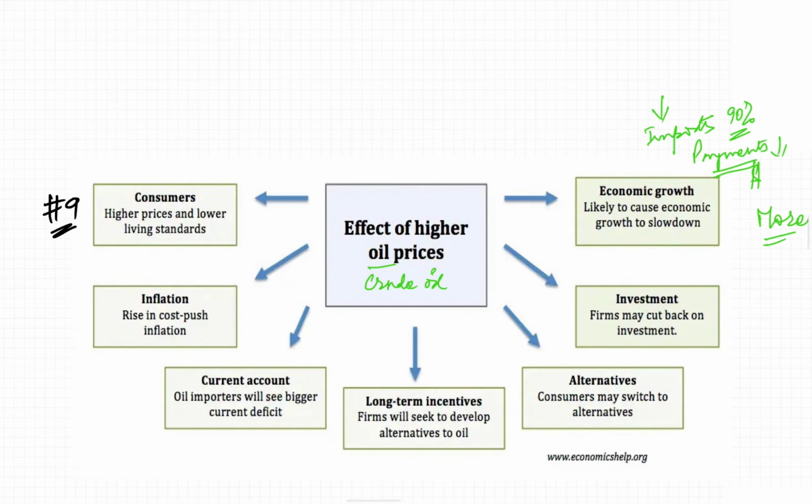Now what happens in that case? If you see here in the case of consumers, that is quite written over here, you can study what happens with respect to consumers with inflation, current account, long-term incentives, alternatives, investments, economic growth. This we need to take into consideration. How it is going to have a retrograde effect on the stages of the economy.